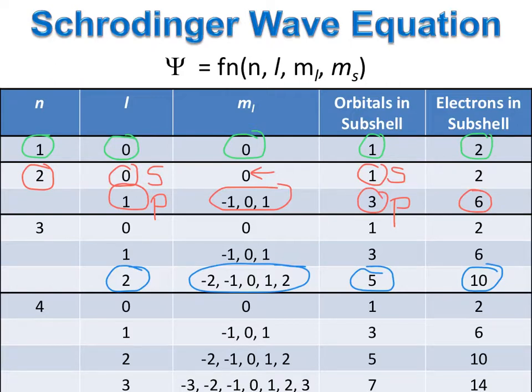The last orbital that we get to look at is the f orbital. The f orbital occurs when l equals 3, and as you can see down here at the bottom, there are 7 different designations from -3 up to +3. As a result, these can hold a total of 14 electrons.